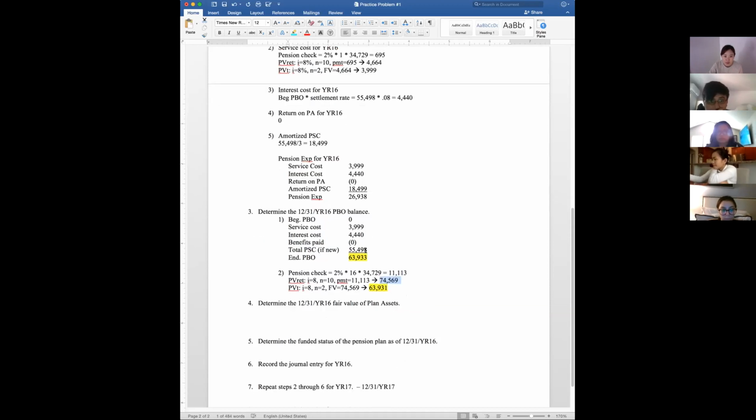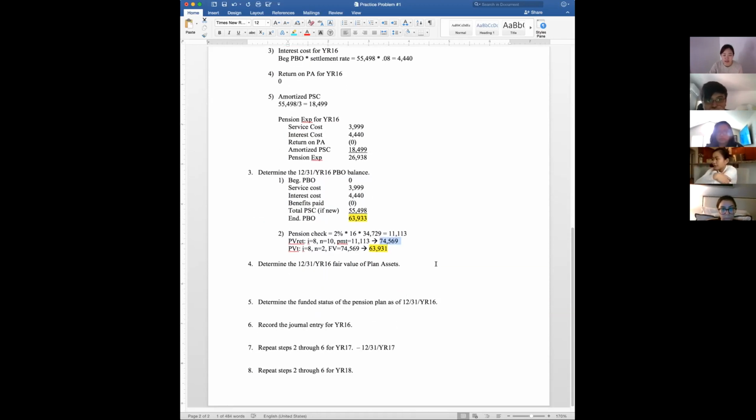All right, in number 4, determine the December 31, 16 fair value of plan assets. If you go back to the lecture note, you will see that plan asset equals beginning plan asset plus minus actual return plus contributions minus benefits paid.